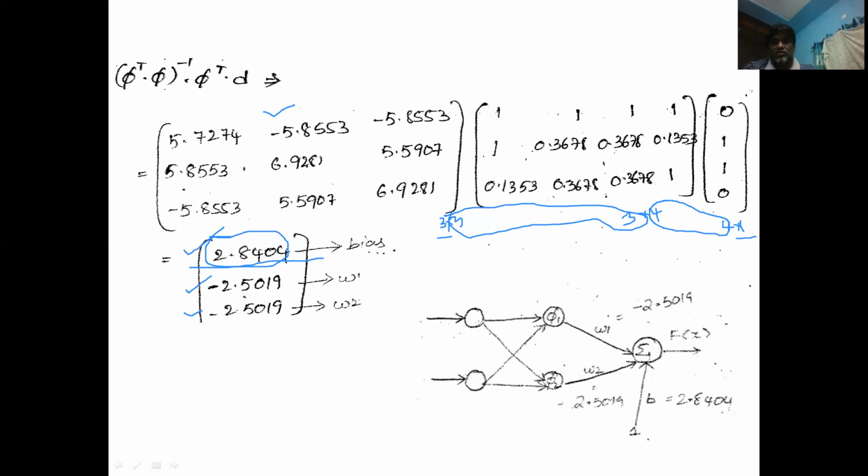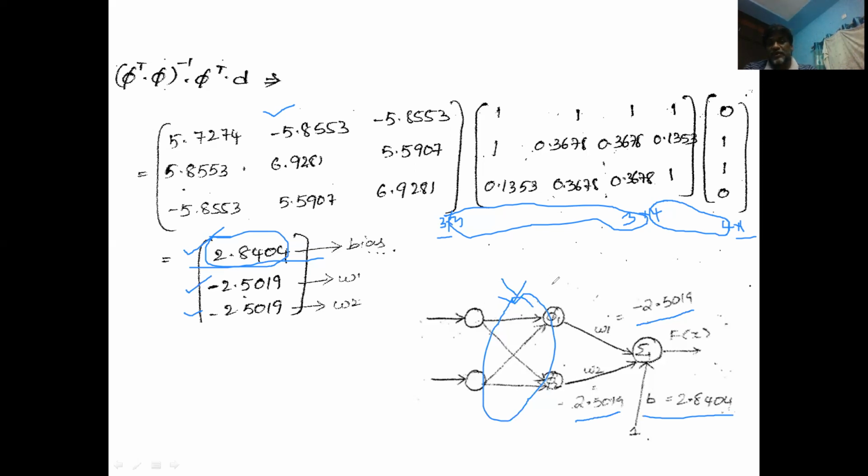Now once we identified these, the neural network architecture becomes W1 equals minus 2.5019, W2 equals minus 2.5019, and a bias connected to the output neuron as 2.8404. You may get a doubt here about the weights over here. You don't require any weights for converting the input space into hidden space, as we are using a nonlinear mapping here.